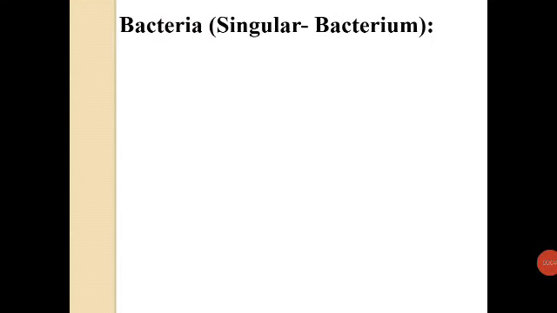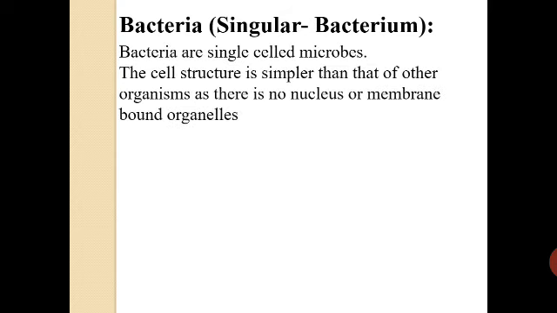So the very first microbe we are going to take is bacteria, and singular is bacterium. Bacteria is plural. So you should know bacteria are basically unicellular, that is single-celled microbes.